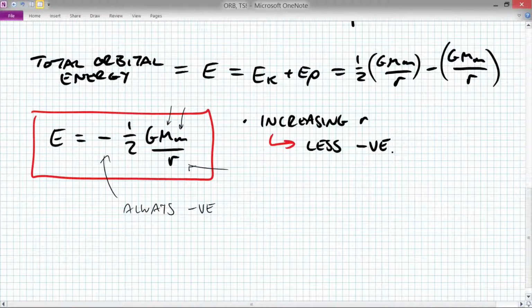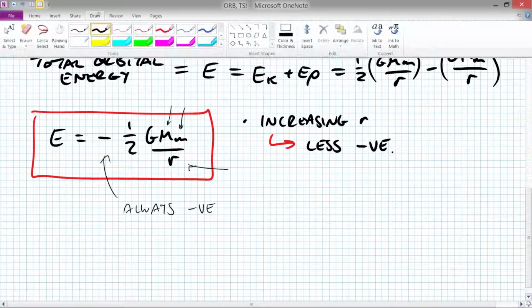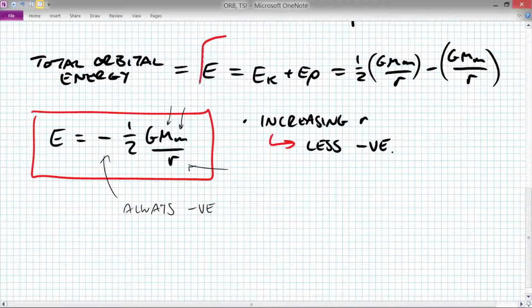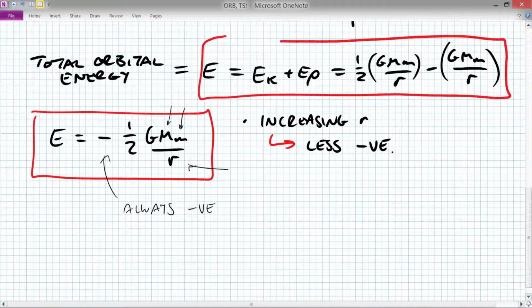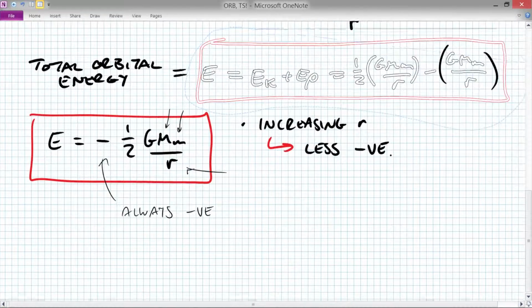So what else can we talk about? We might be interested in, so if we consider this whole equation up here, we might want to consider what happens when we change our orbit. So say if we go to a small orbit to a larger orbit, so I'll just copy this down, we'll talk about that quickly for a second.